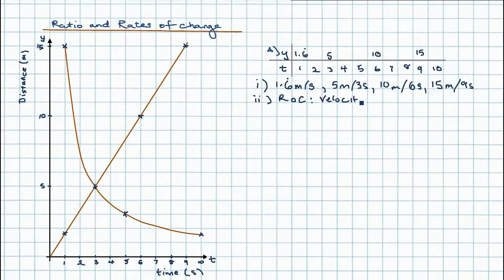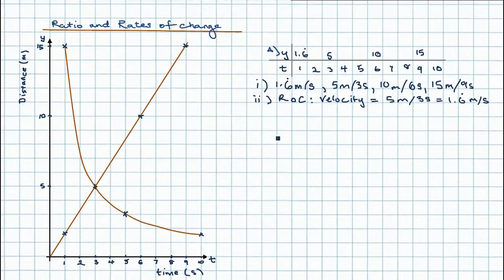Okay, so what is the velocity? Well, it's the average of all of the rates on this line. And since they all simplify to 5:3, there's our velocity, or as a unit rate, 1.6 recurring meters per second. Okay, all very straightforward so far.